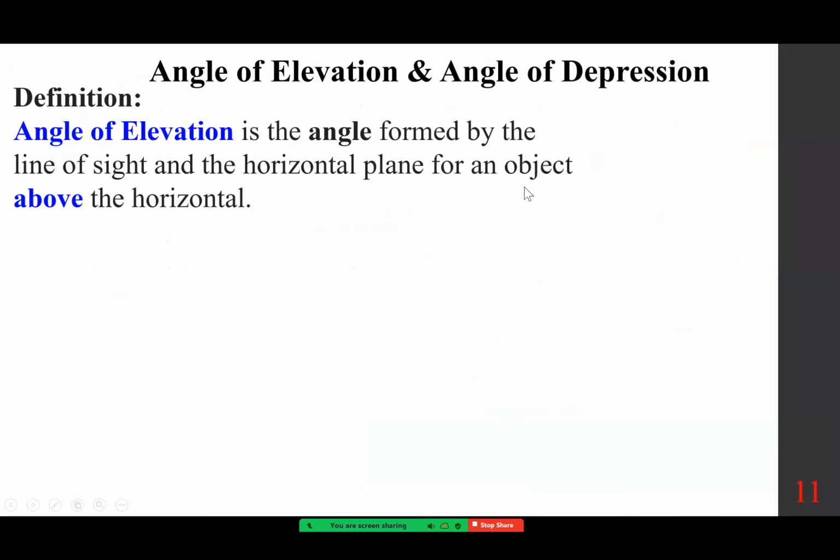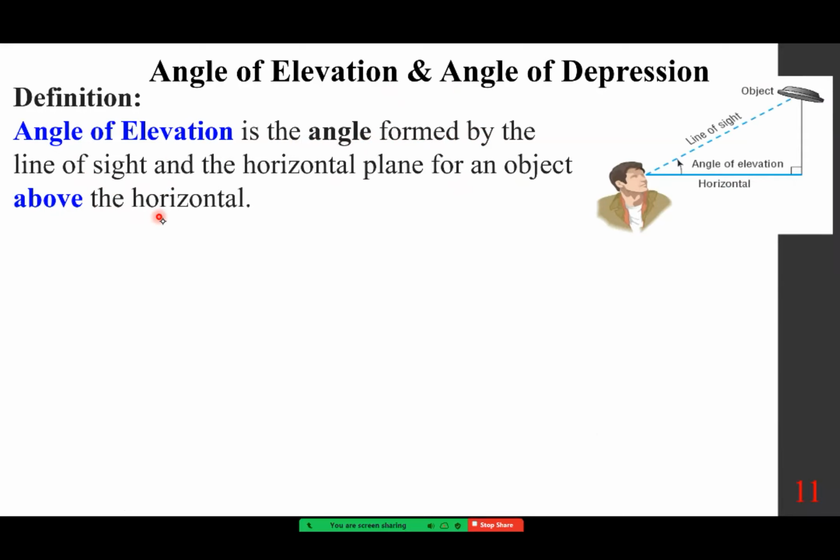All right, let's look at some definitions. Angle of elevation and depression. Angle of elevation is the angle formed by the line of sight and the horizontal plane for an object above the horizontal. So here's the horizontal line, and we're looking at something above the horizontal line.